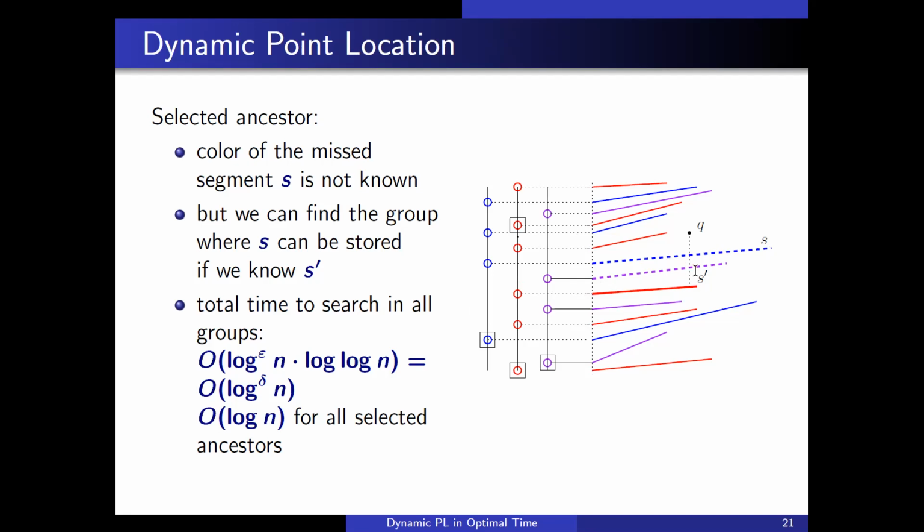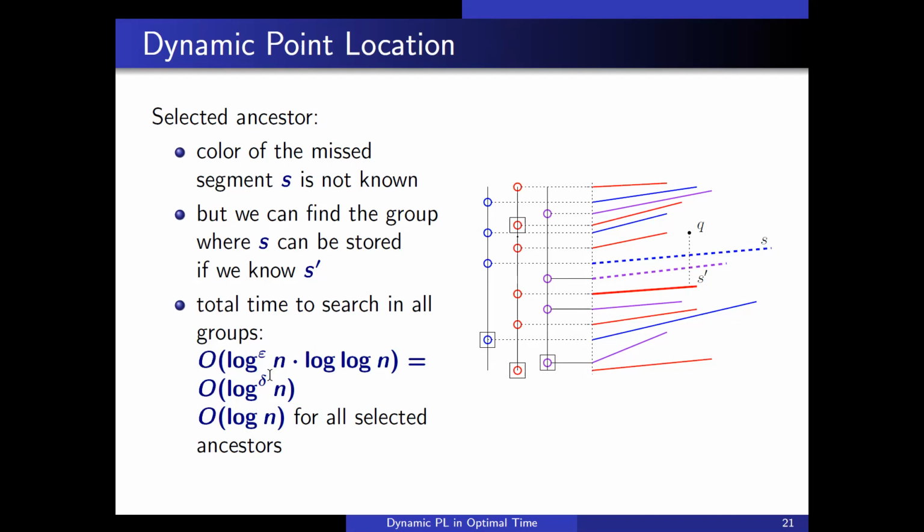So what will happen if I know S prime, I will find for every color the group where S can potentially be stored, and then search in this group. So in this case, I will find this group, the first segment of this group, and then search here in log n time, and then I will find this segment S before Q. But of course, I have to do it for all colors.